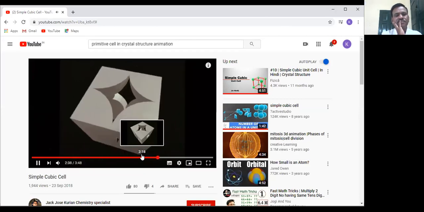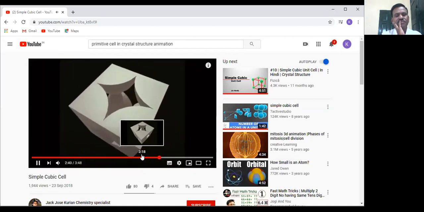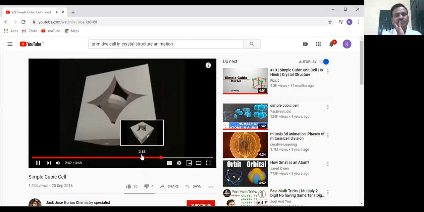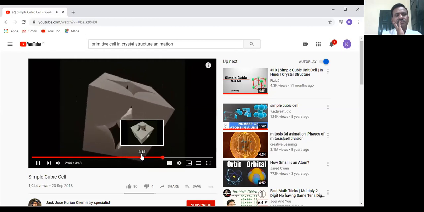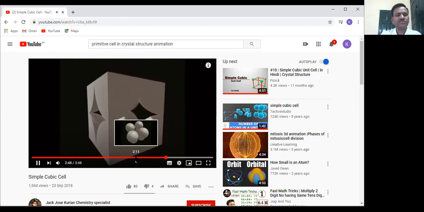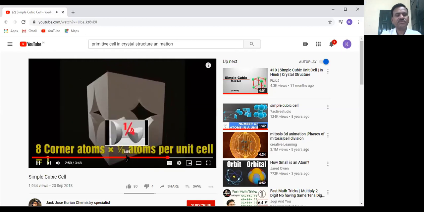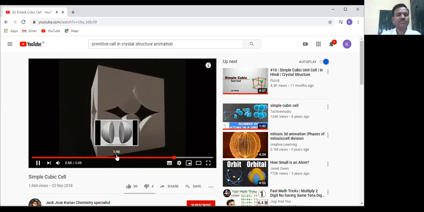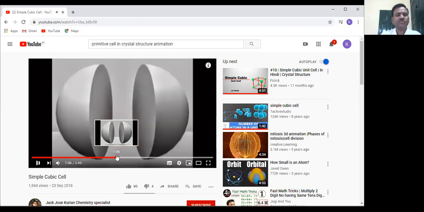There are 8 portions of the atom at the corner. Therefore, the number of atoms in the simple cubic cell is 8 corner atoms multiplied by 1/8 atom per unit cell, which is 1.